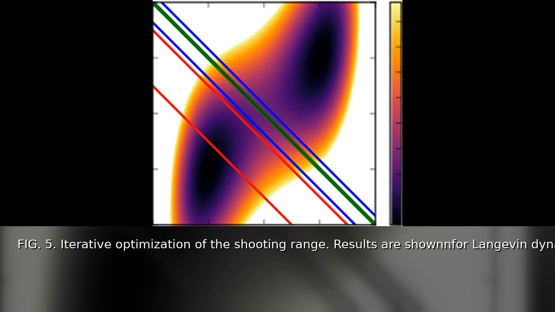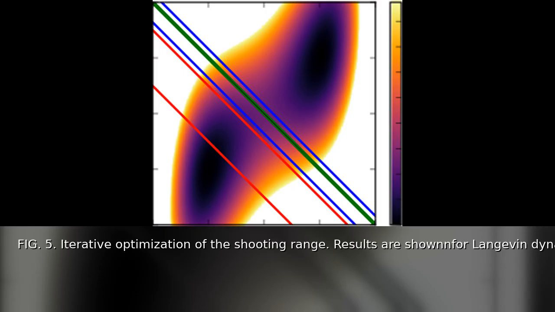Panel B tracks the probability of generating valid transition paths and their acceptance over the optimization steps, illustrating improvement as the shooting range adjusts. Panel C overlays the shooting range boundaries at these stages on the two-dimensional energy surface, displaying the shift from the initial misplaced red region to an intermediate blue range, and finally to a well-placed green region.